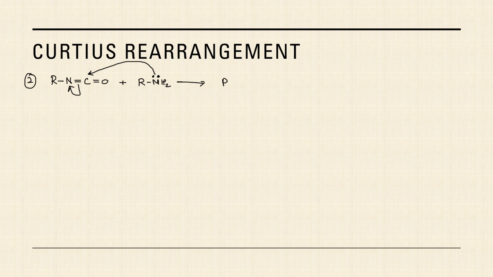You would get R N minus C NH2R double bond O, and there will be a positive charge, and we will have an IMPT to generate this.